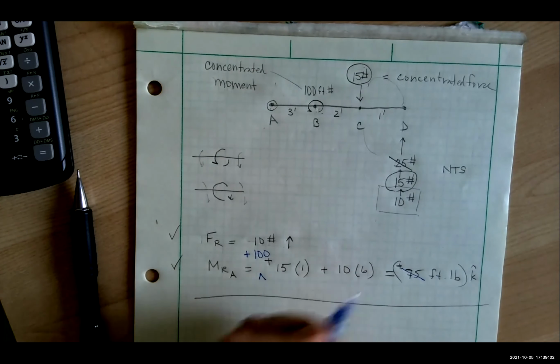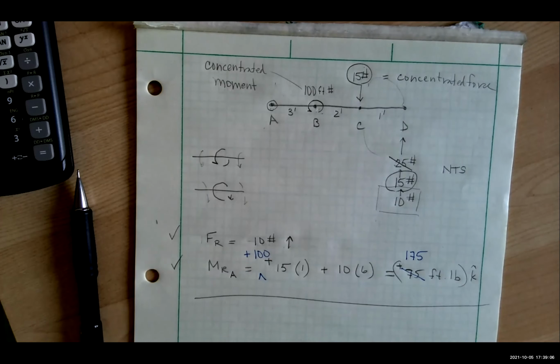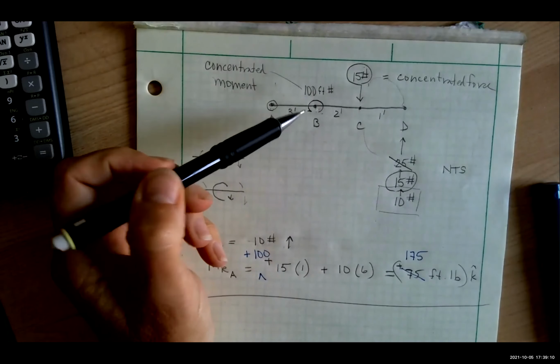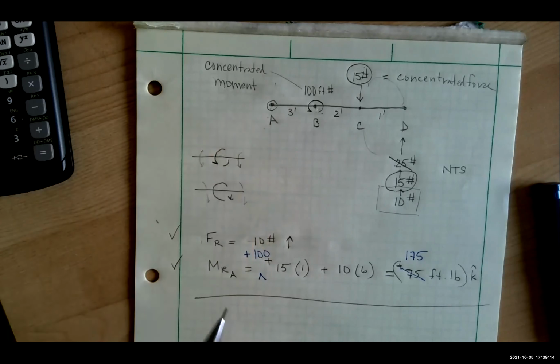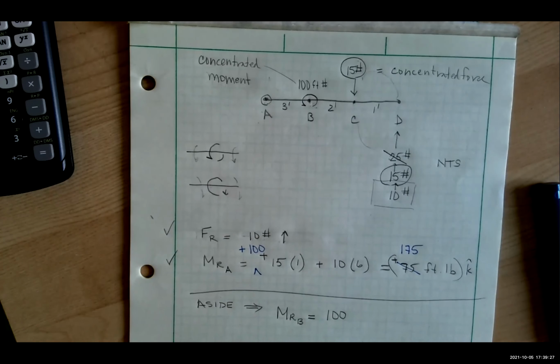So this is not 75. This is 175. And no matter if I found the moment about A, even, okay, this is an aside. Let's just do it. I have to find the resultant moment about B. I still have the 100 in there.